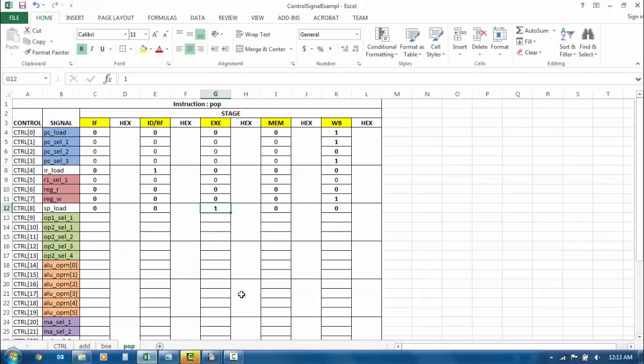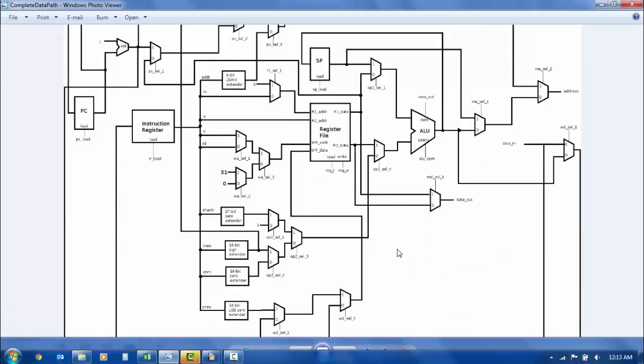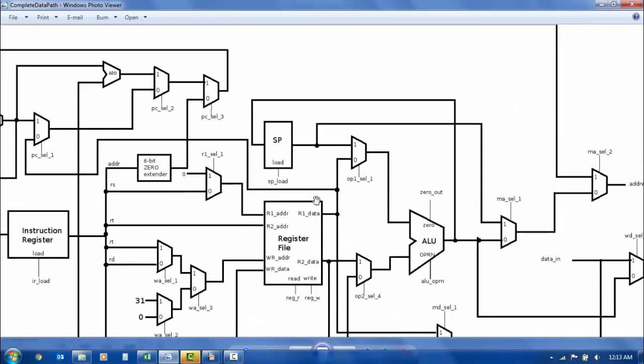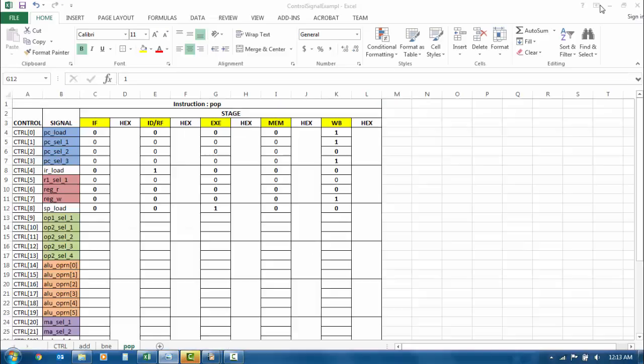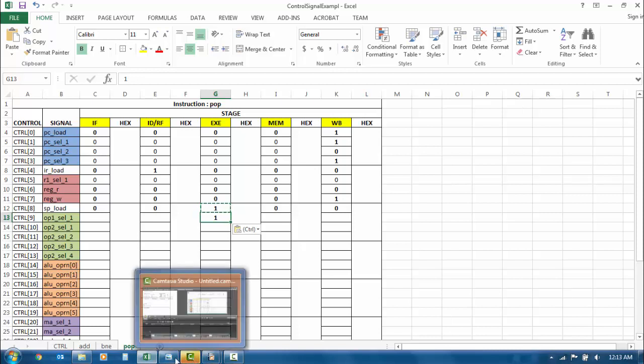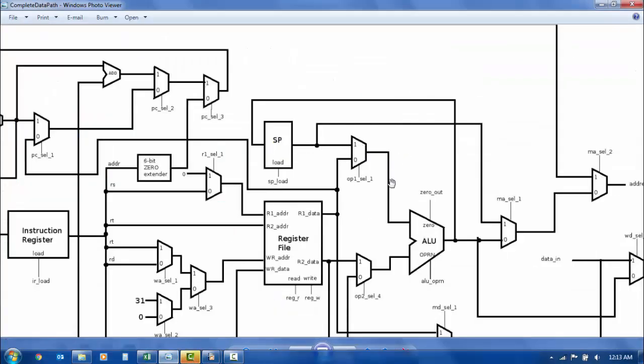So the stack pointer is updated first in the pop instruction and then the memory is accessed. We need to increase the stack pointer by 1, right? So let's look at that data path. We will be using the ALU to have stack pointer plus 1. So OP selection 1 must be 1 at this phase, so that I can select the stack pointer value and send it to the ALU.